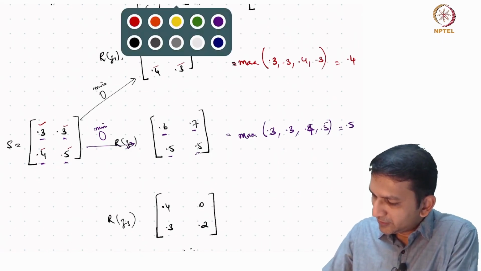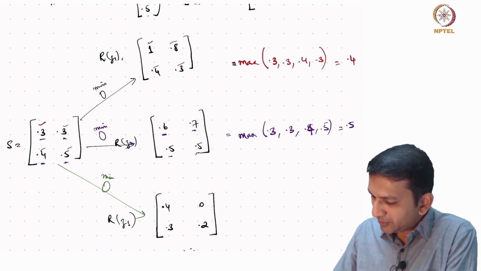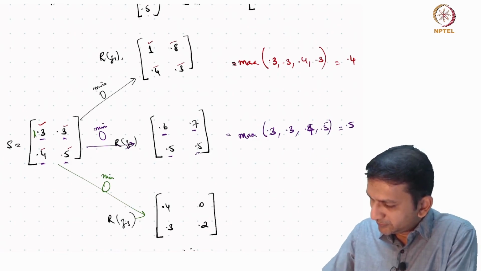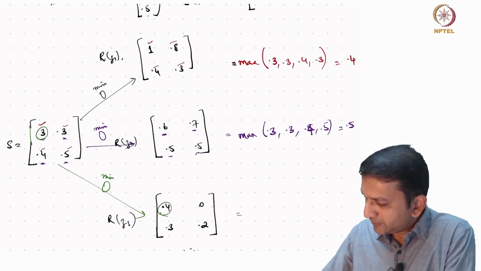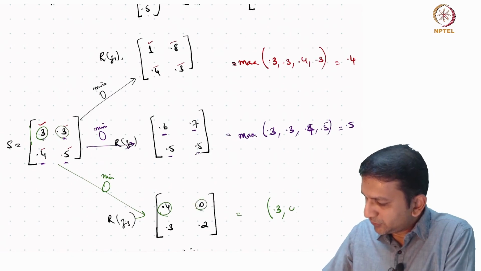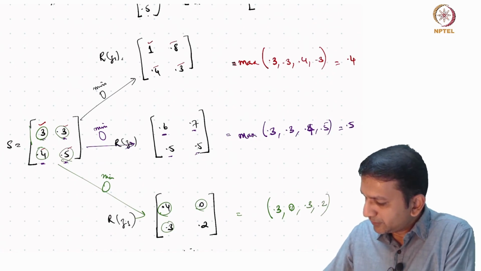Finally, we need to take sup-min composition between these two matrices. So if we take 0.3 here and 0.4 here, the minimum is 0.3. 0.3 and 0 is 0. 0.4 and 0.3 is 0.3. 0.5 and 0.2 is 0.2.